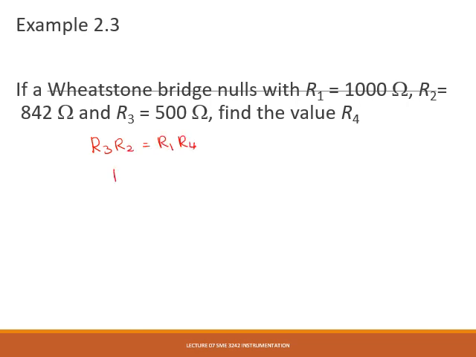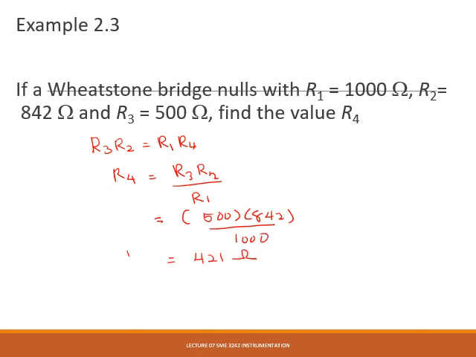So R4 will be equal to R3 R2 divided by R1. Putting the values into the equation, multiplying by 842 divided by 1000, we get 421 ohm. So in order to get a null bridge, we need to choose R4 to be 421 ohm.